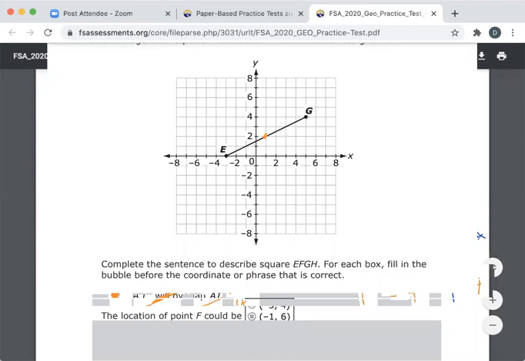I think that's it. Okay, so I think that's my midpoint, and I'm just doing a reverse slope to get other points. So here's my square.